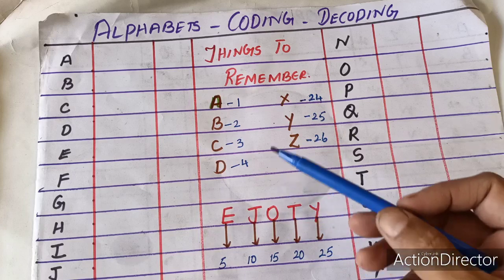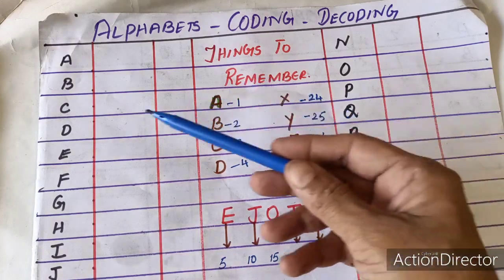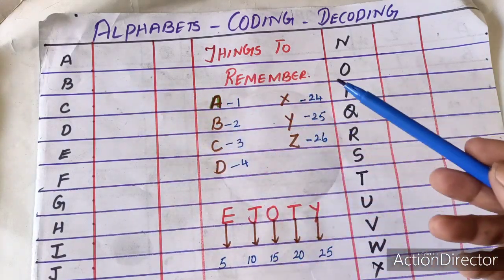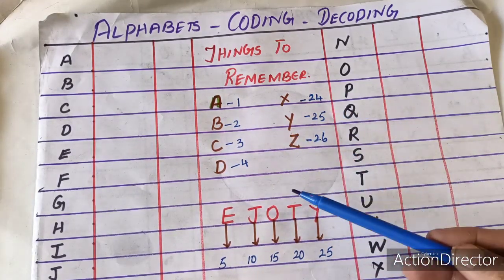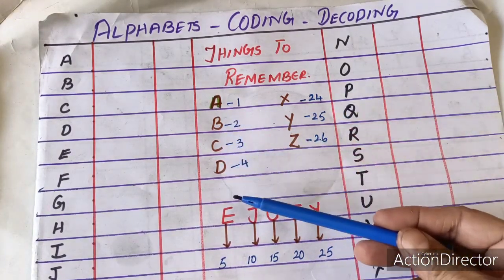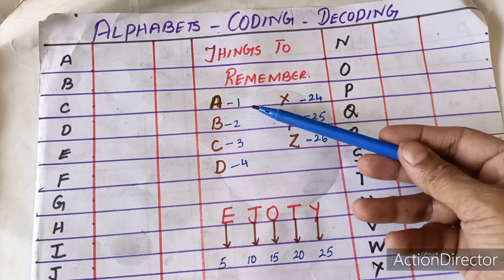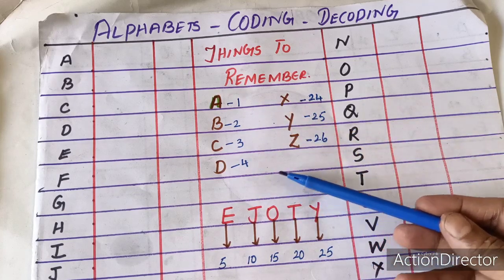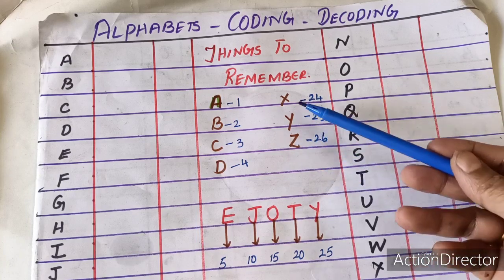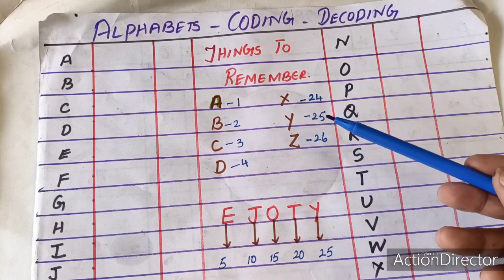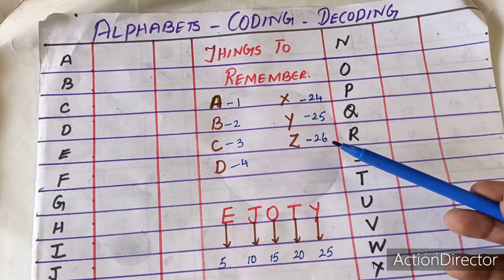Hope you understood. Let me repeat once again. Before understanding what coding and decoding is, let us remember these numbers initially. Since we already know ABCD, we can remember these numbers also: 1, 2, 3, 4. And the last 3 also, that is X, Y, Z: X is 24, Y is 25 and Z is 26.